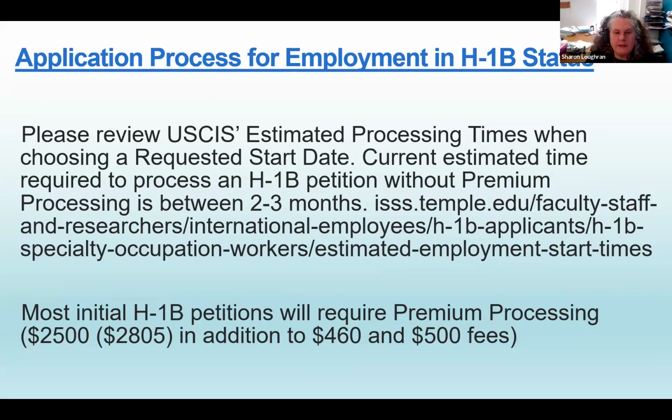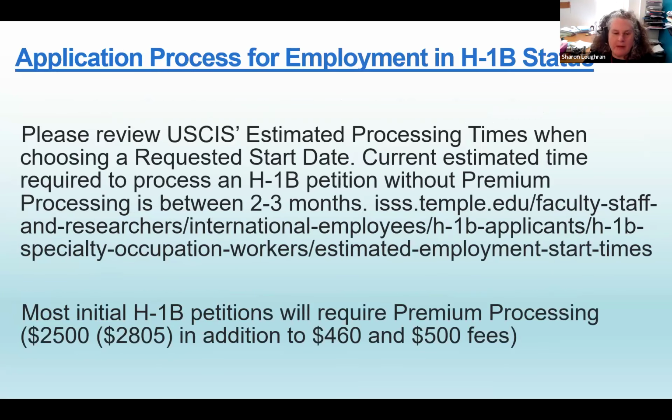You can look at our website. If you click up here, it'll take you to the website. Right now, and that is right now, the applications are taking between 2 to 3 months, but April 1st is the date that USCIS will start working with all the cap-subject people for H's, and so expect some kind of delay.